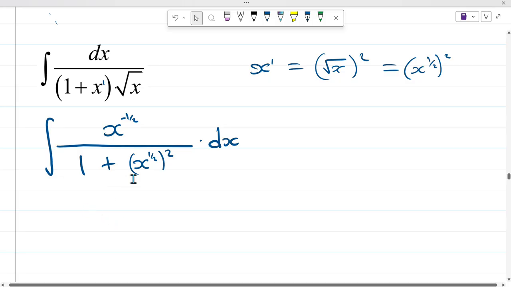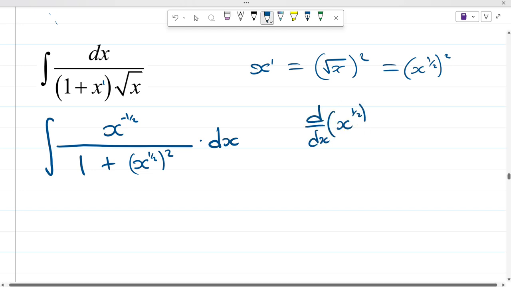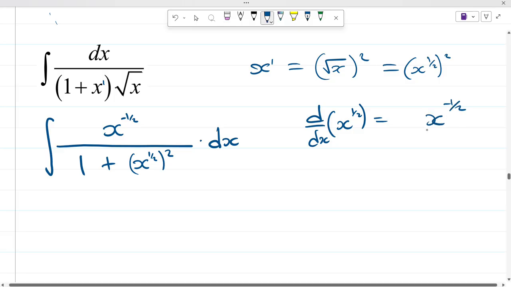So I can see that this is the format of a tan inverse, right? I need to check, if I let this be f of x, can this be f prime of x? Yes, because when I differentiate x to the power half, what do I get? I get x to the power negative half multiplied by half.